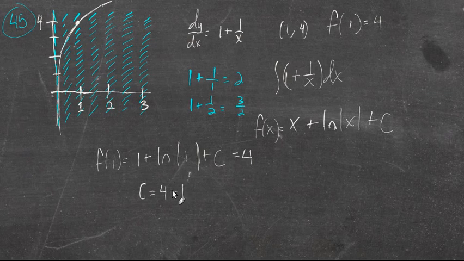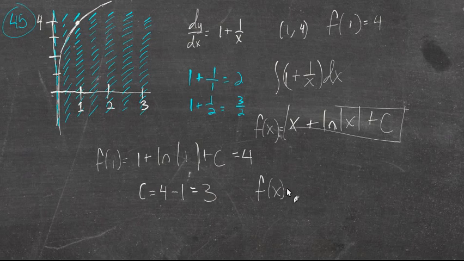Well, the natural log of 1, it's one of those properties of logs that is 0. So we just get 4 minus 1, or 3. This is our family of functions, and then c is specifically 3 for this example. So our f of x is x plus the natural log of x plus 3, because we found what c would have to be in order to plug in 1 and get 4.